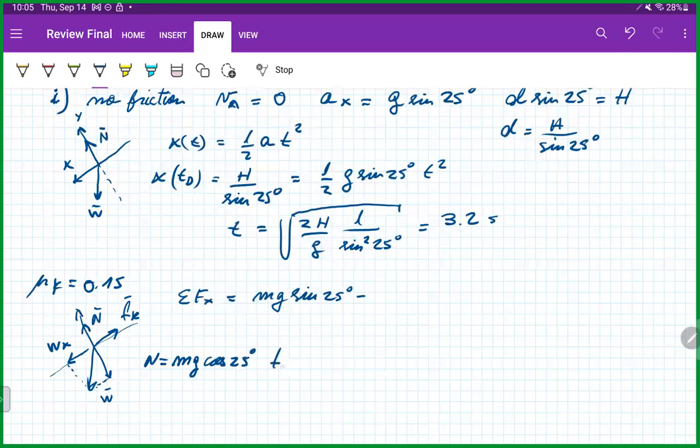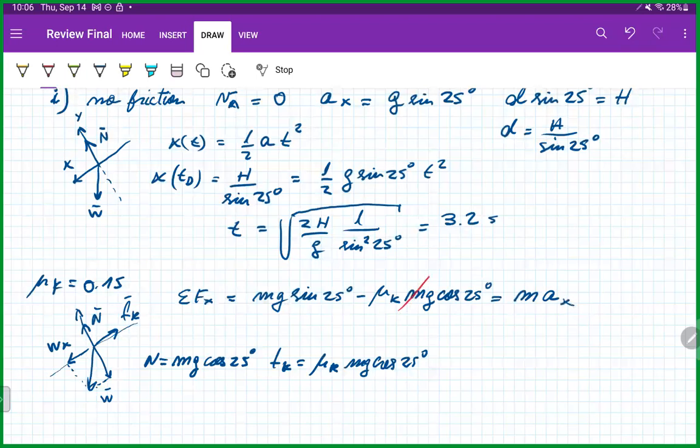So the kinetic friction is going to be mu k mg cosine of 25. I'm just being more compact here, because we just did it on the last exercise. And so we get minus mu k mg cosine of 25 equals m acceleration on the x-axis.